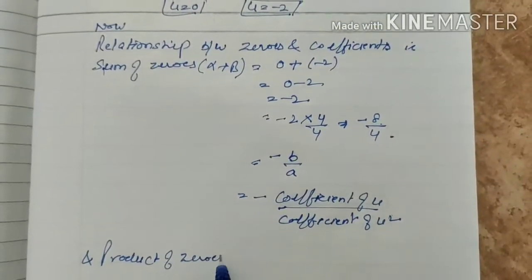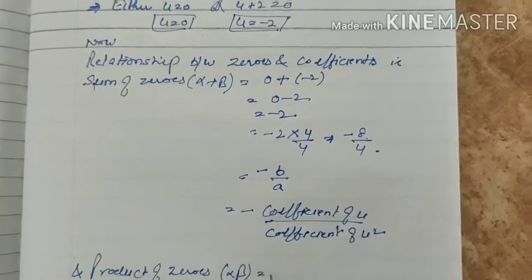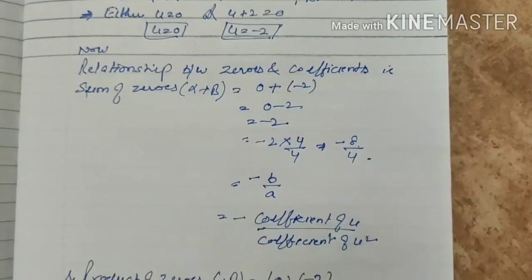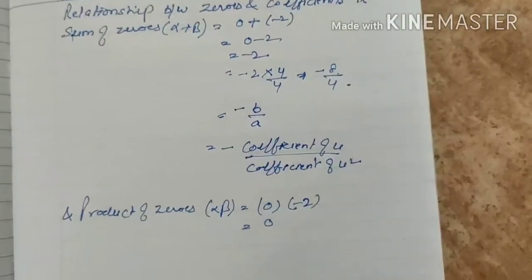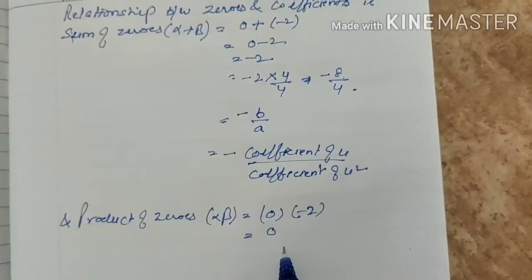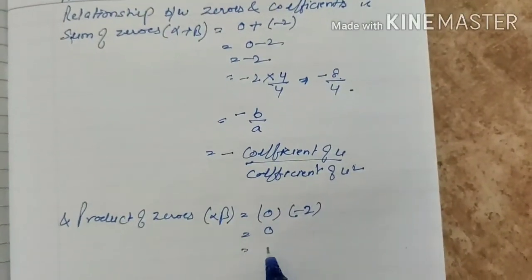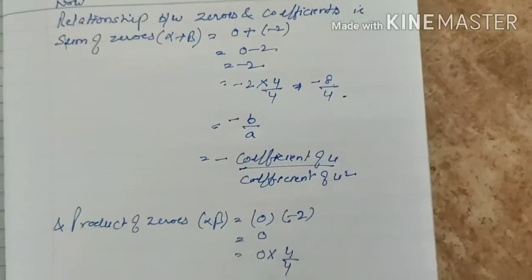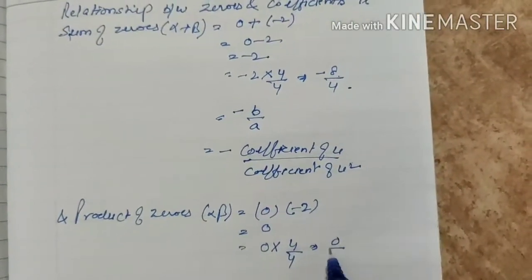The product of zeros, that is alpha into beta, will be 0 into minus 2. So this will be 0. 0 into minus 2 becomes 0. As we don't have c, that is constant term, we can write it as 0 upon 4.